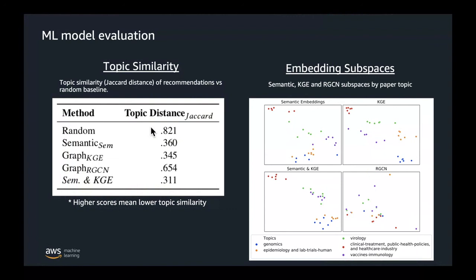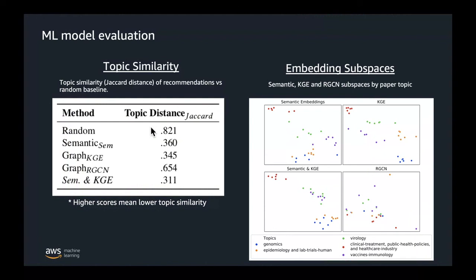But what is most important is the distance between each of those clusters of colors, because you would expect that topics that are highly related, such as virology and vaccines, so green and purple, are closer, as it happens in semantic and KGE, while the things that are not that closely related, such as clinical treatments and genomics, are farther away.